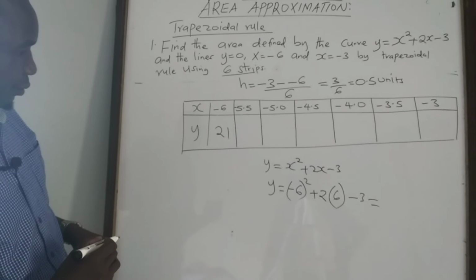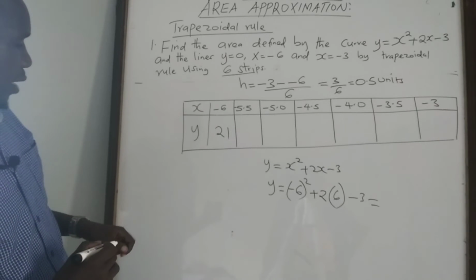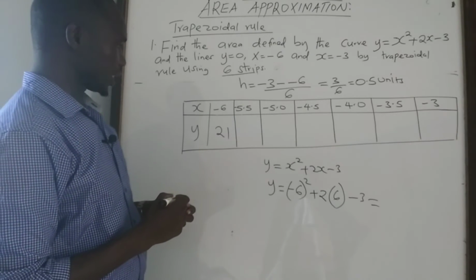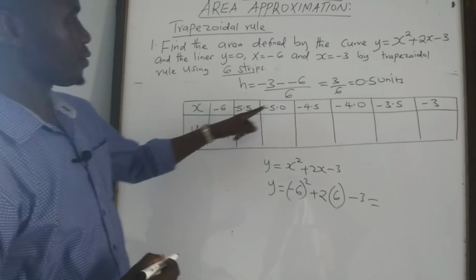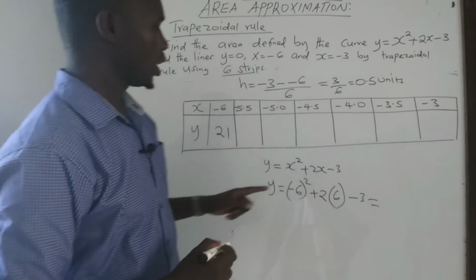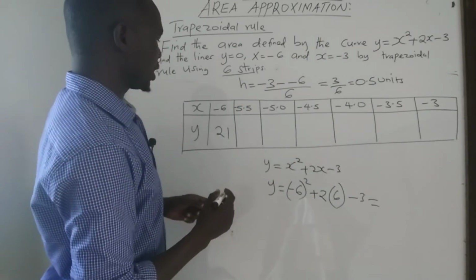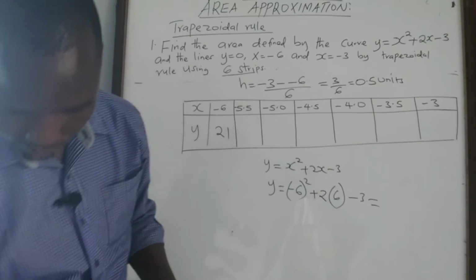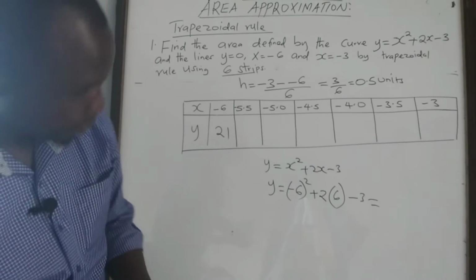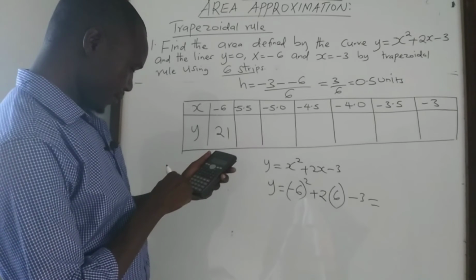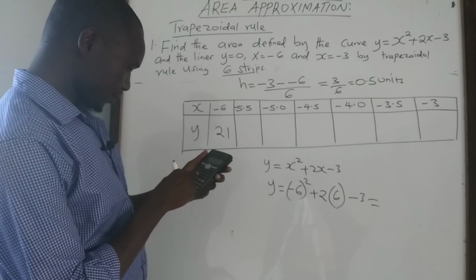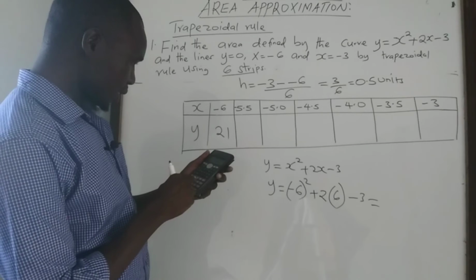Next, we have our value of x is negative 5.5, and if you substitute negative 5.5 in this function here, we are going to get what value? Let us use the calculator and see what we are going to get there. So we have negative 5.5, and of course it is squared.